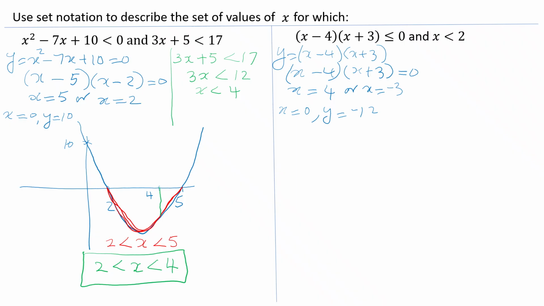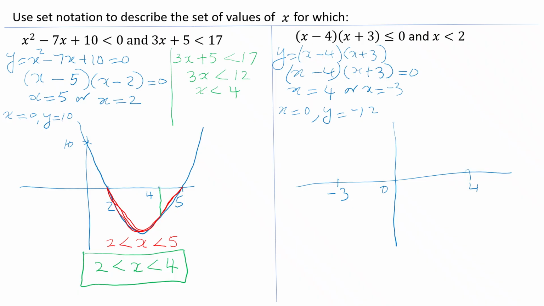Then second inequality, x less than 2. So mark this in a graph. This is 0. This is 4, minus 3.